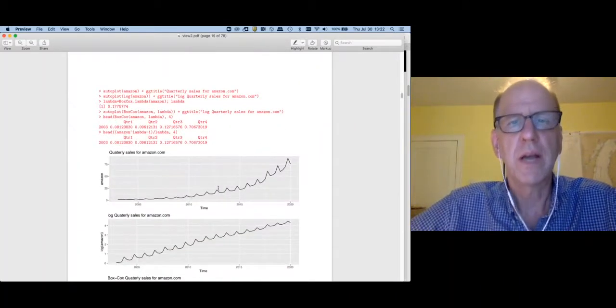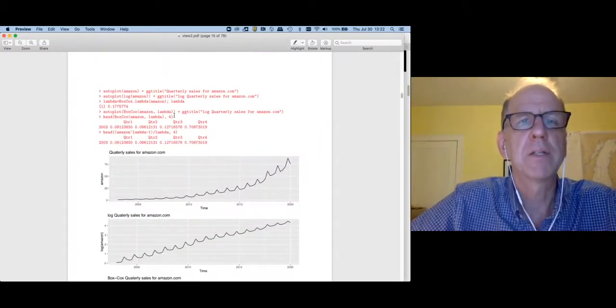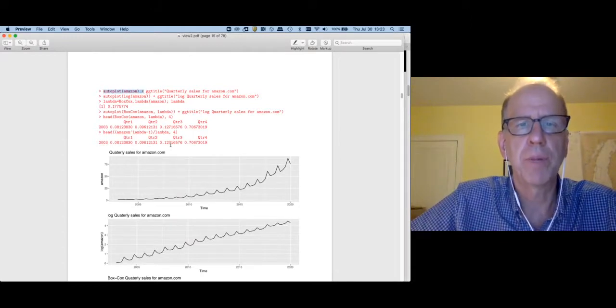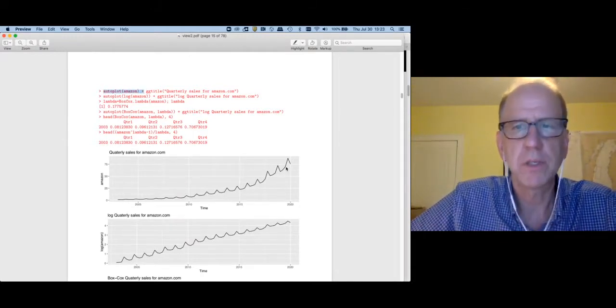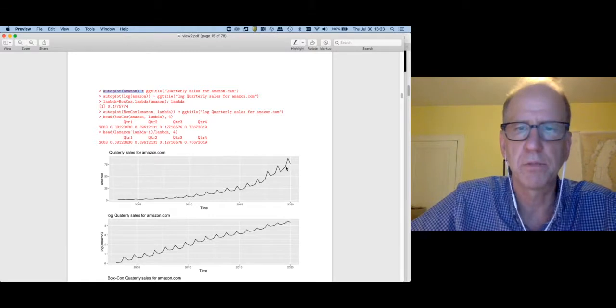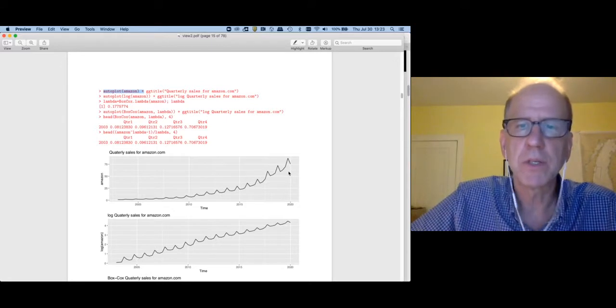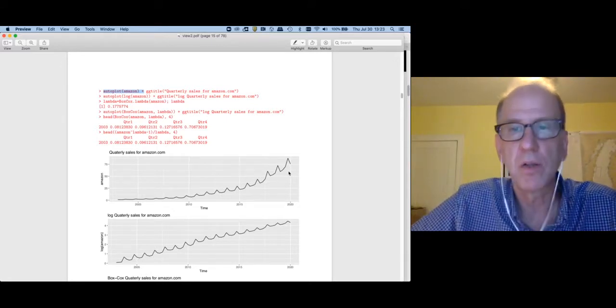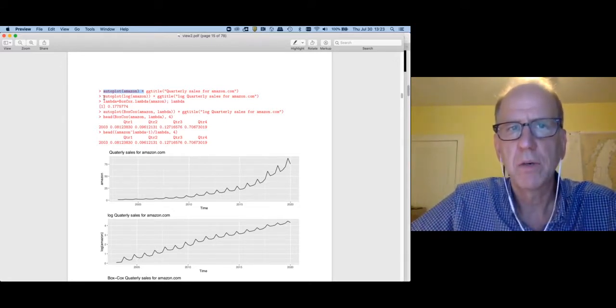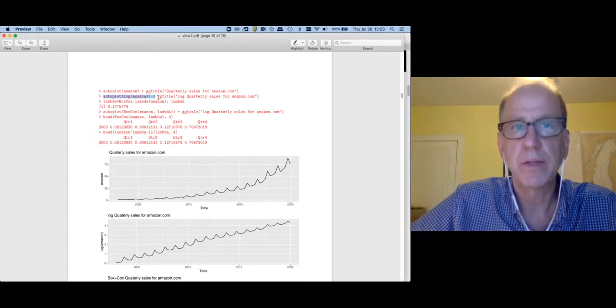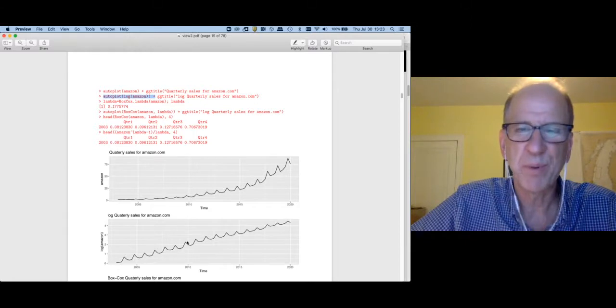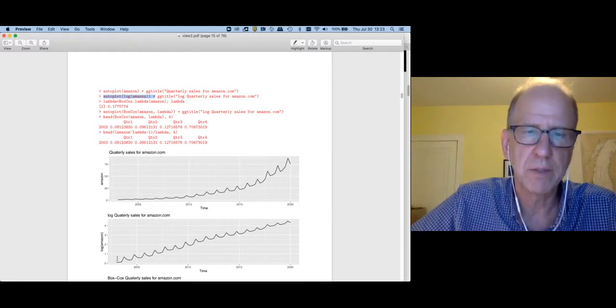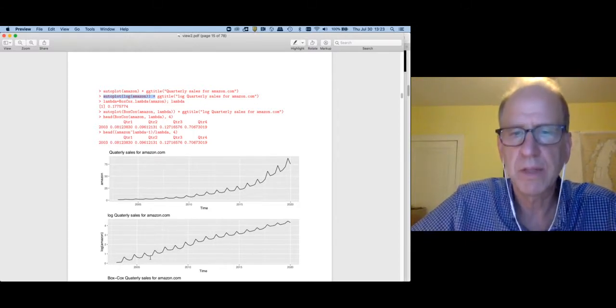Here is our Amazon data, and if we do an autoplot, we see the seasonal effects with varying amplitudes over time. I eyeballed this and said, I think I'm going to need a log. If you autoplot the log of Amazon, notice your trend is not flat, but it's a straight line.